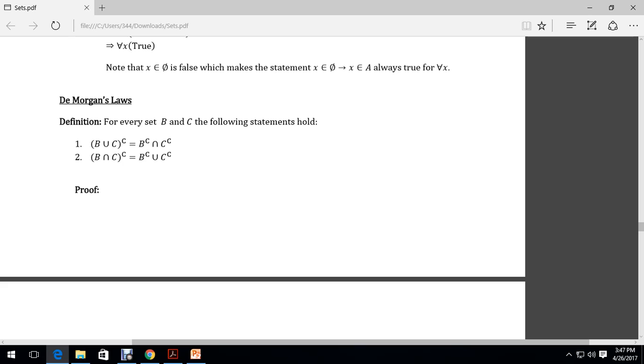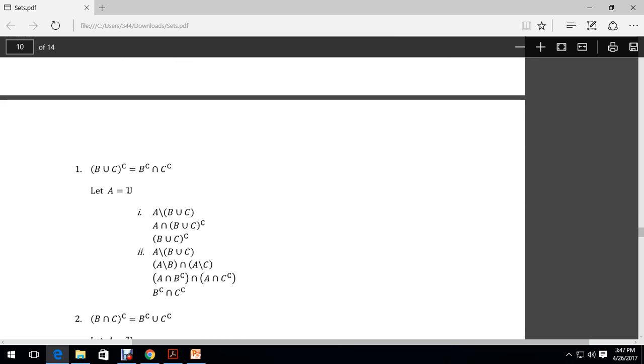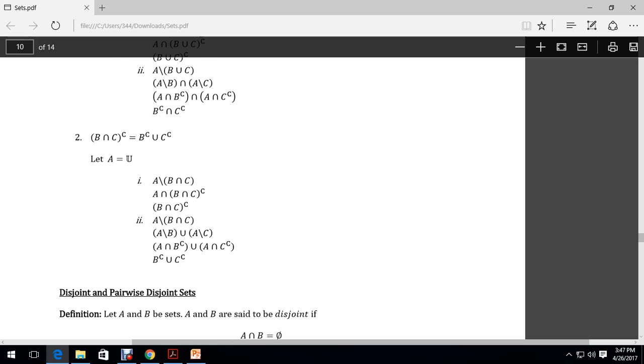If you have the complement of B intersection C, then distributing the complement to both C and B reverses the operation of the intersection into the union. Now, as for the proof, we have the following statements for the first De Morgan law and the second De Morgan law.